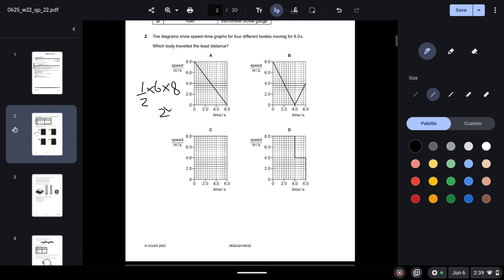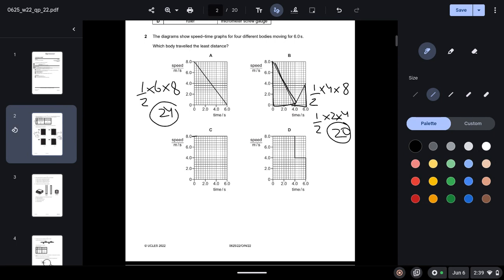This gives us 24. For part B, we have 2 triangles, so we can calculate the area for both of them separately. So one we have 4 into 8, and the other small triangle, this is 2 into 4. So this gives us a total area of 16 plus 4, 20. So A had 24, B has 20 meters.